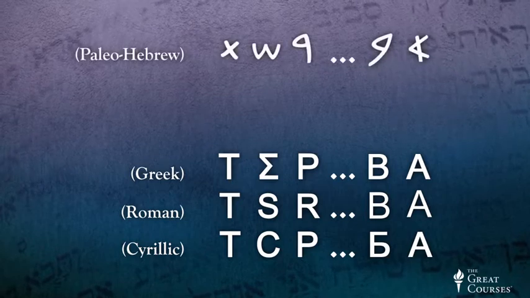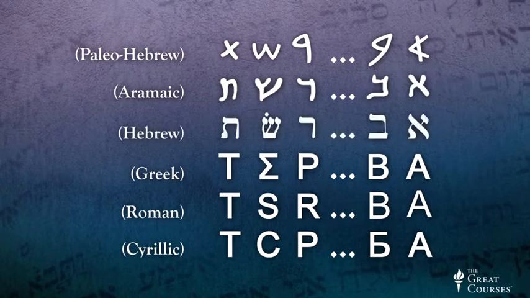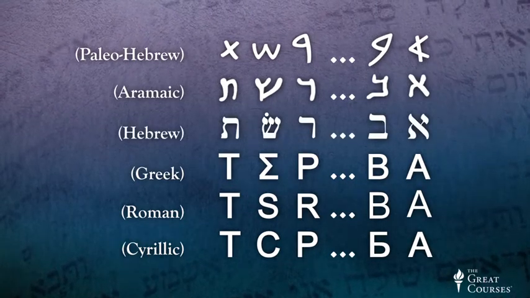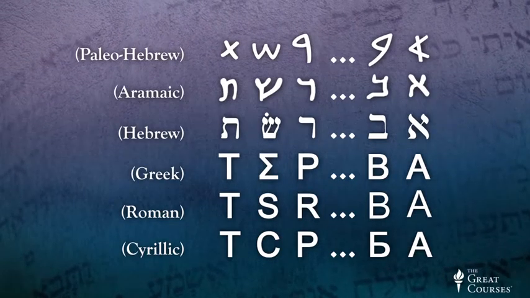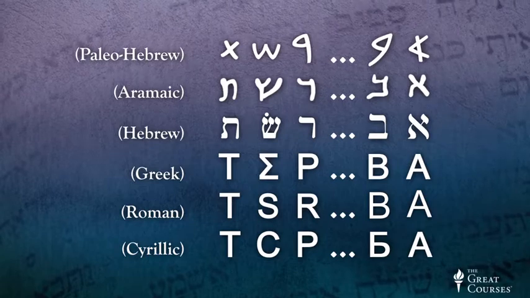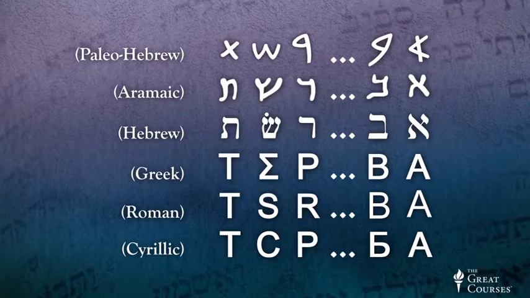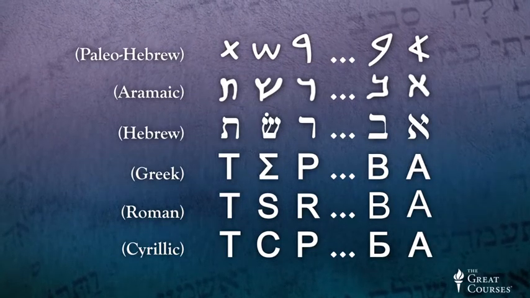The Paleo-Hebrew alphabet and the Aramaic alphabet that Hebrew is now written in are also related to all those alphabets, including the alphabet that we use for English today, meaning that many, not all, but many of the letters in the Hebrew alphabet occur in the same order and stand for the same sounds as the letters we all learned as kids. And here is the Hebrew alphabet in alphabetical order.